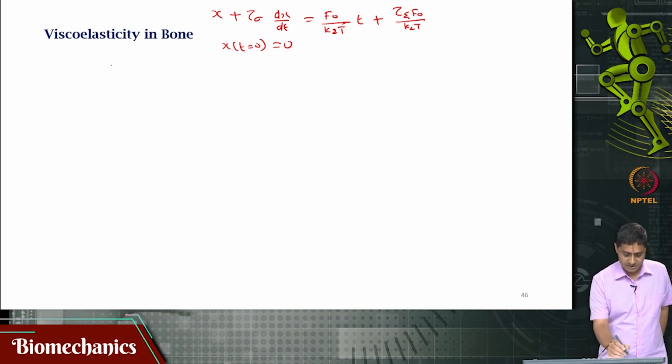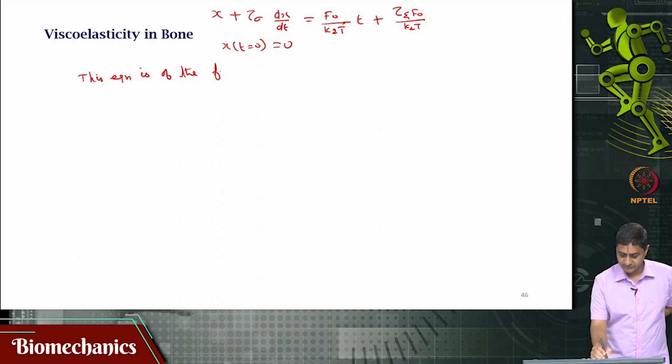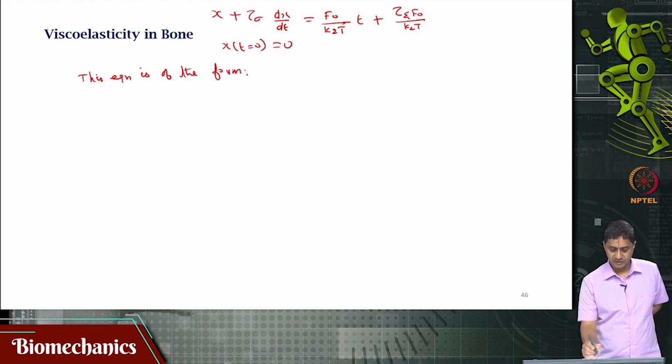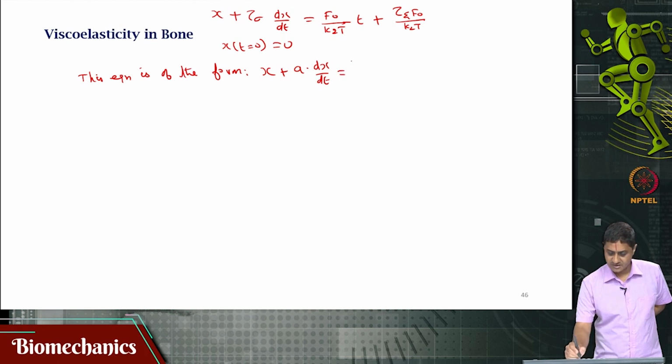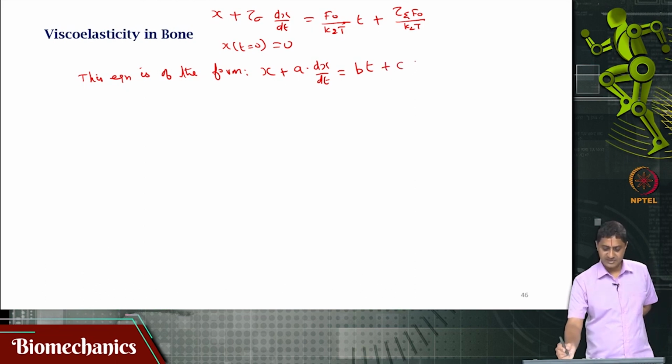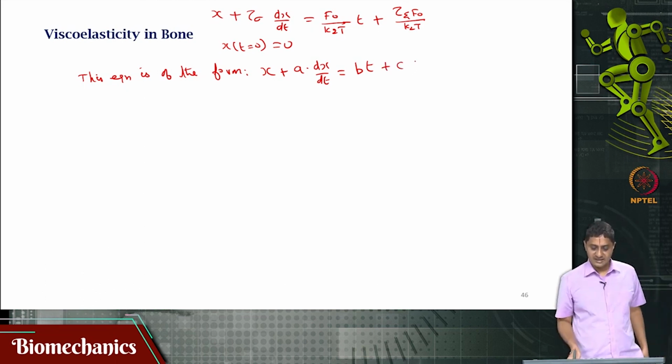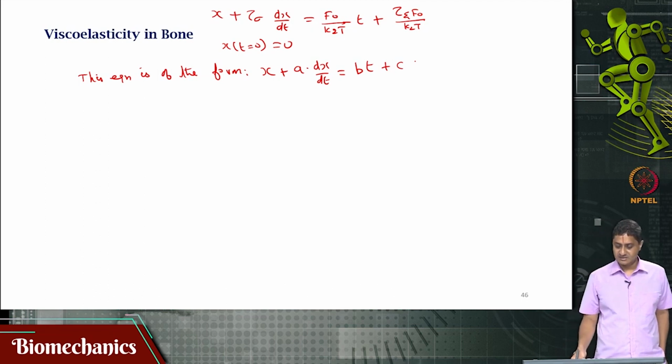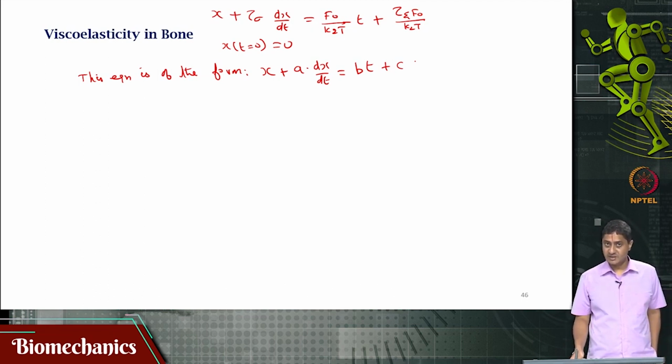What is the form of this equation? This equation is of the form x plus a constant times dx by dt is a constant times t plus some other constant c, that is, x plus a times dx by dt is equal to bt plus some constant c.